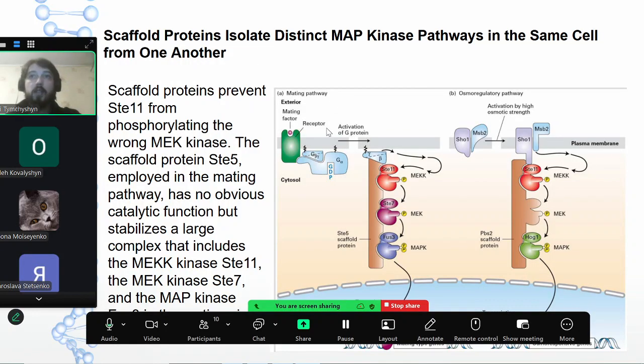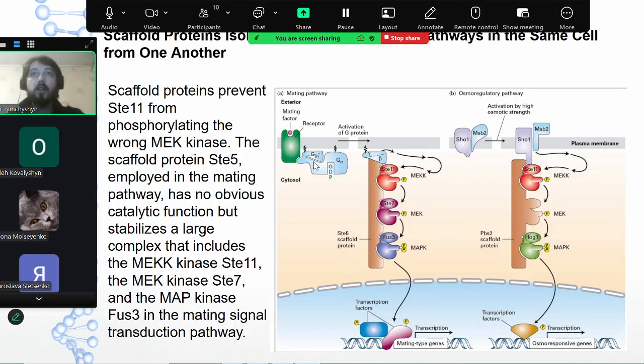Here is one more example. How can we localize that spatially to get certain responses, to get, let's say, a more active response, and to somehow differentiate between different signals? Here you see scaffold proteins, and in this example you see two different cases.